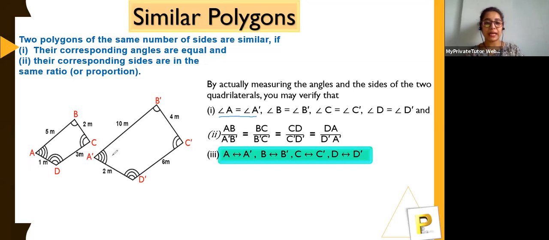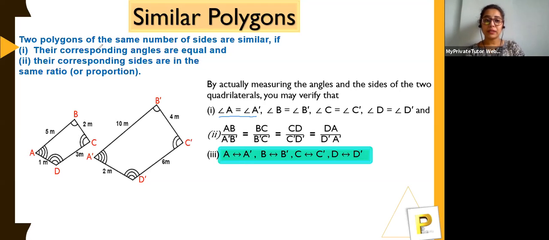Angle B is congruent to, like, equal to angle B dash. Angle C is also congruent, because congruence means equal measurement. So angle C is equal to angle C dash, and angle D is equal to angle D dash.